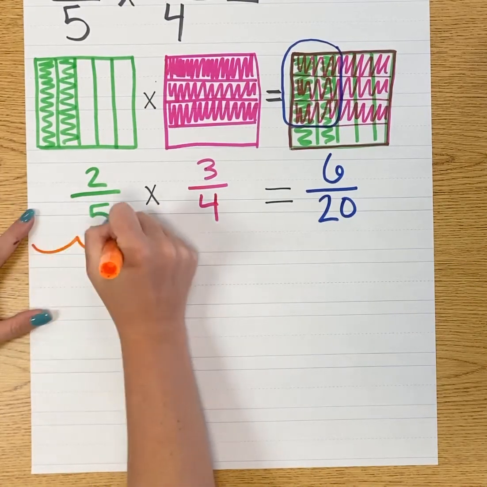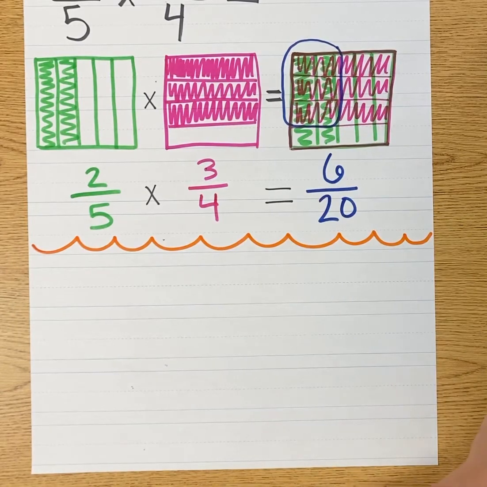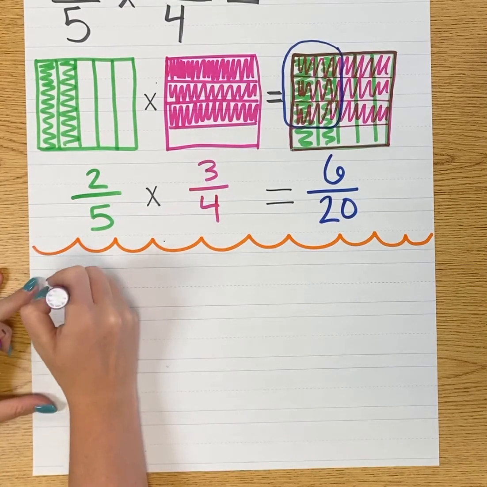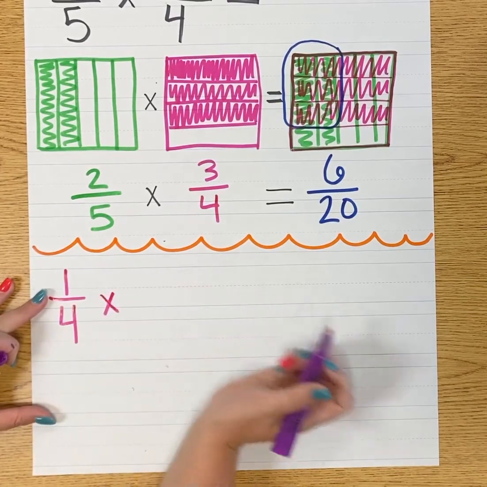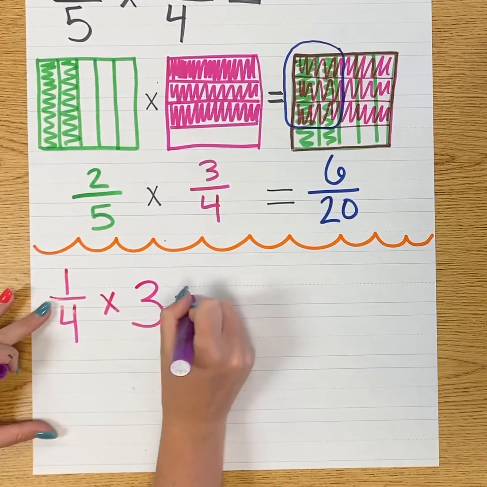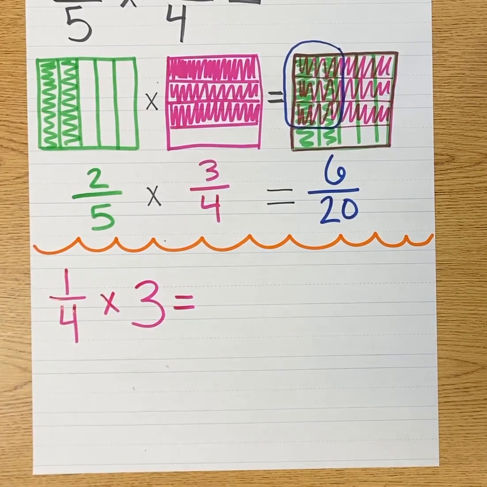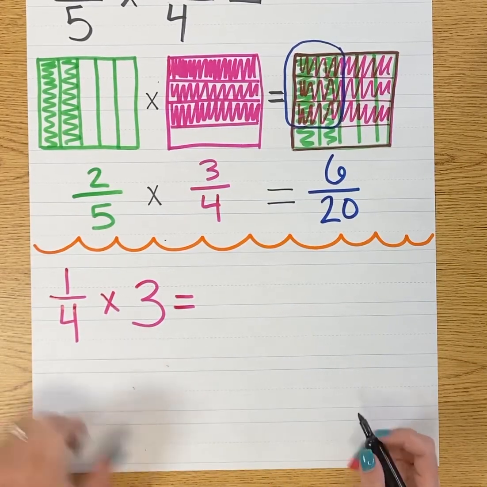So we'll do 1/4 times 3. Okay, so what that's going to look like in models would be 3 sets of 1/4.